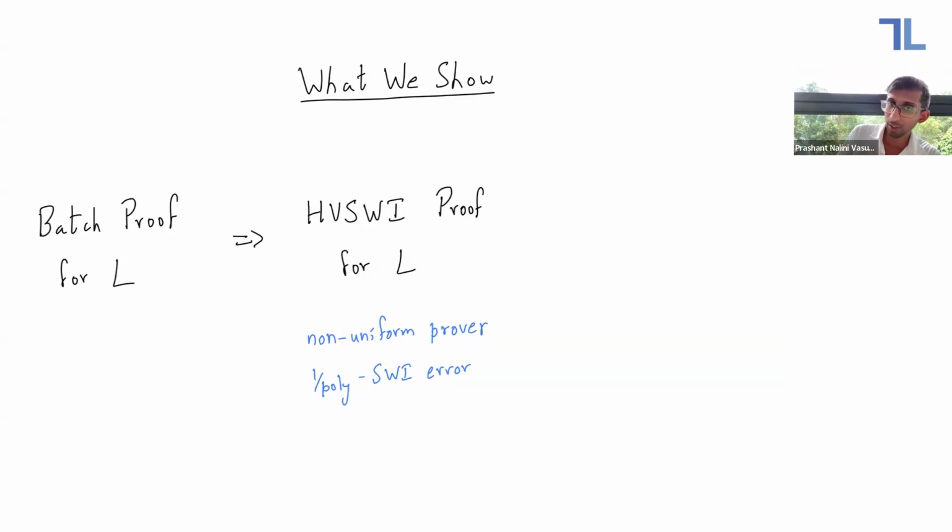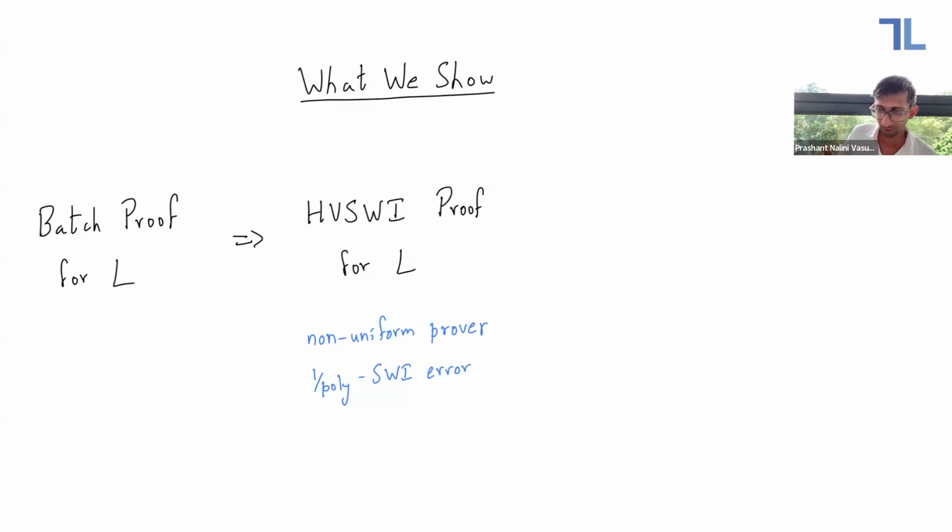On the other hand, if all you're interested in is trying to understand the complexity of batch proofs, then these two caveats don't make that much of a difference because they don't make a qualitative difference to the set of languages that you believe have such proofs. Like if you think of the set of languages that have SWA proofs with uniform provers and negligible SWA error, and the set of languages which have SWA proofs with non-uniform provers and 1 over poly SWA error, then there's no real reason to believe that these are very different.